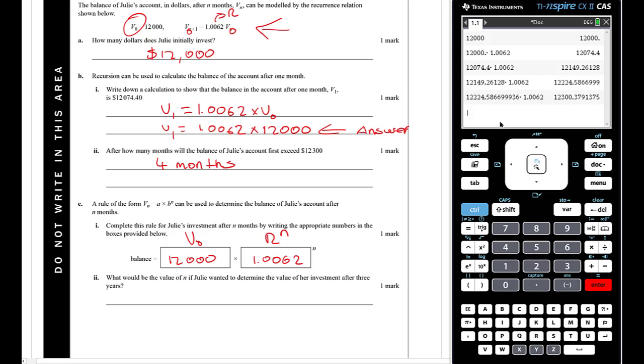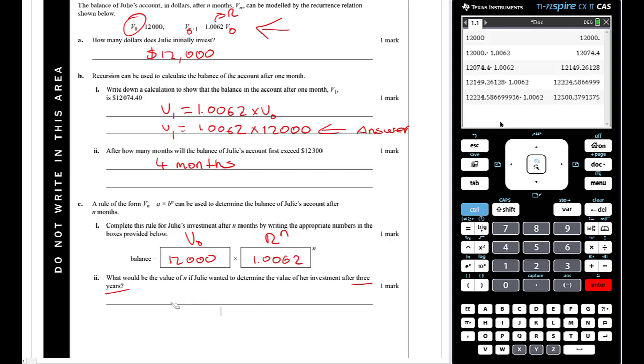All right. What would be the value of n if Julie wanted to determine the value of her investment after 3 years? Now, here's a catch. You don't immediately say 3 years, so n equals 3, because that's going to give you the wrong answer.